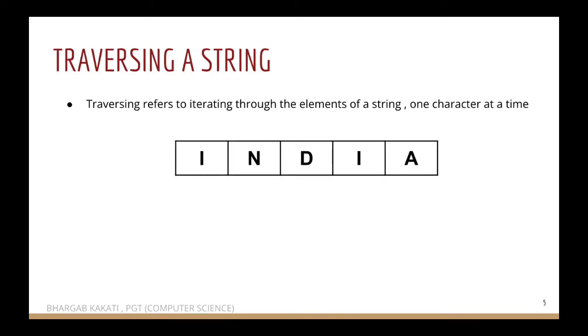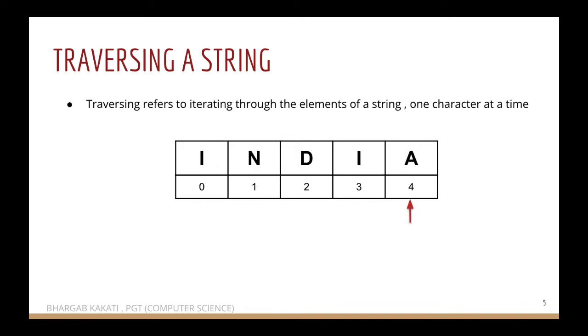So let us consider the previous string which we have been considering till now, that is India, and these are the indexes. I am talking about the forward index of the string. Now if I visit the first character, that is I, then I visit the second character followed by the third character followed by the fourth character and finally the fifth character.